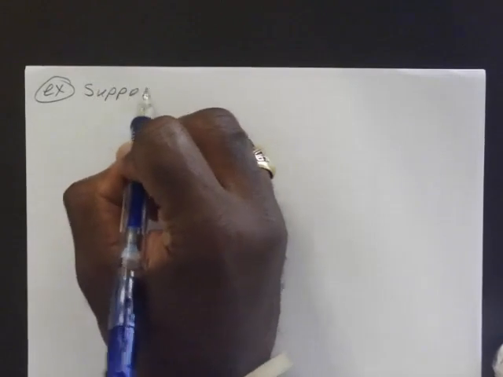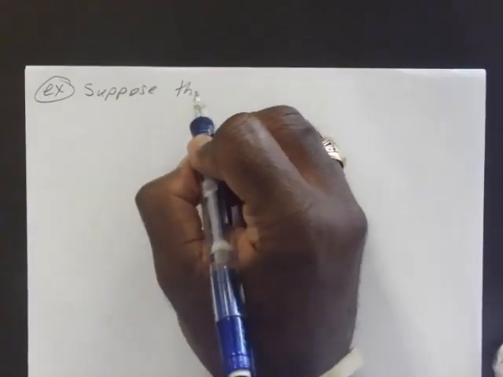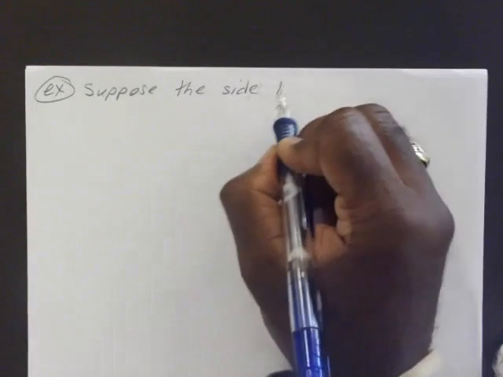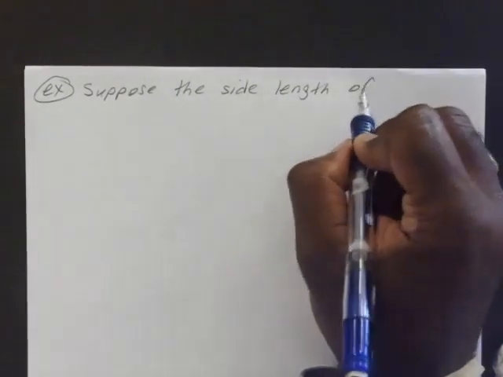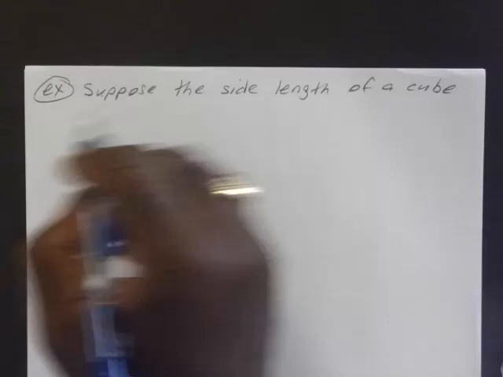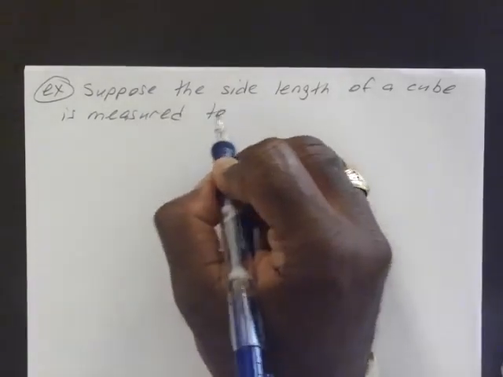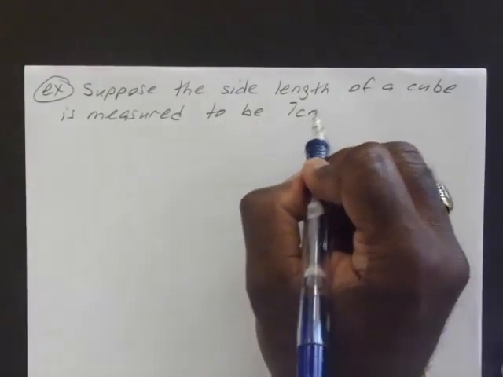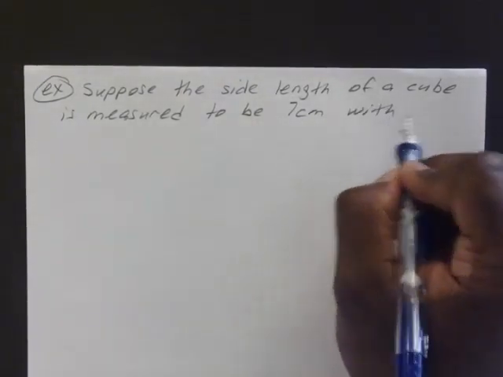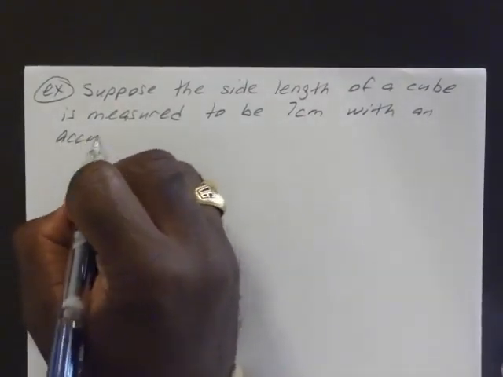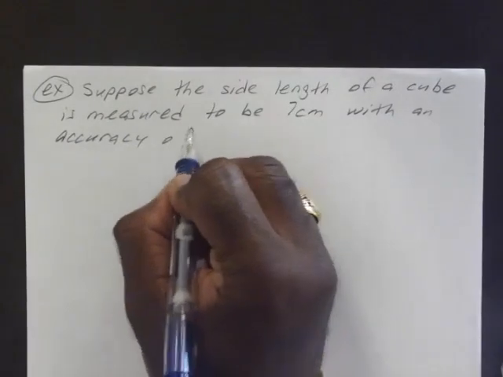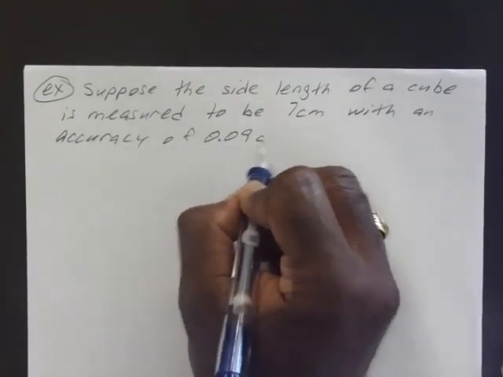All right, so let's say, for example, suppose the side length of a cube is measured to be 7 centimeters with an accuracy of 0.09 centimeters.